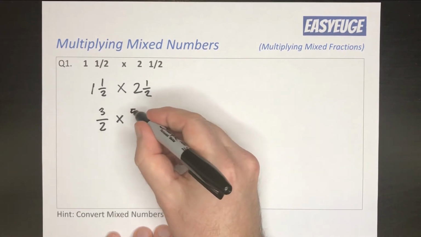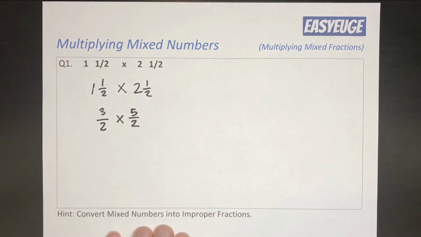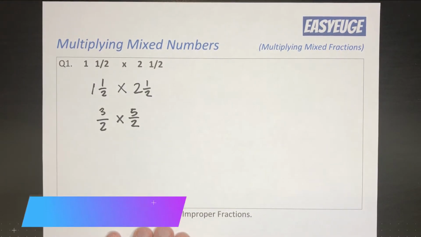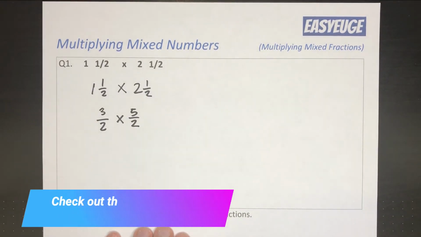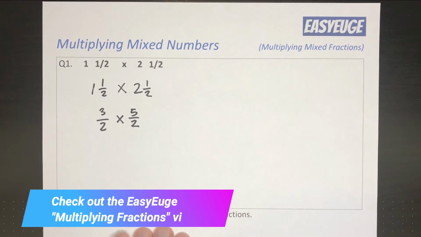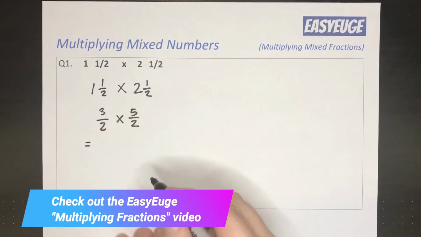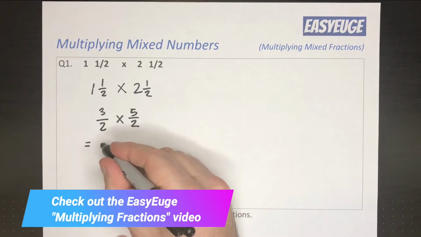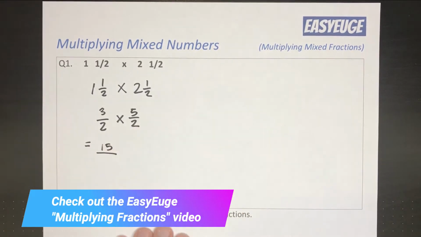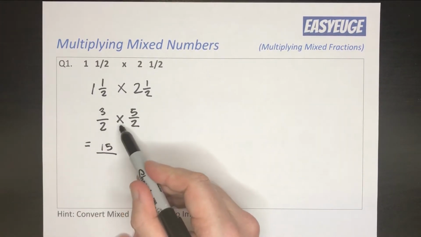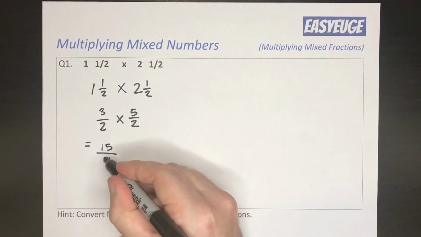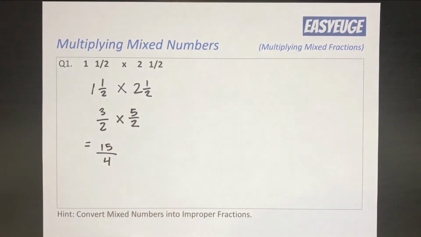That's 5 over 2. To multiply your fractions, you just multiply the top two numbers, then you multiply the bottom two numbers. So that equals 3 by 5 is 15 on the top, and on the bottom it's 2 multiplied by 2, it's 15 over 4.